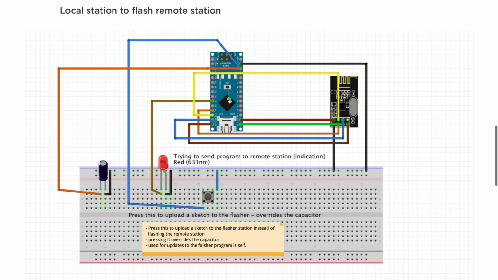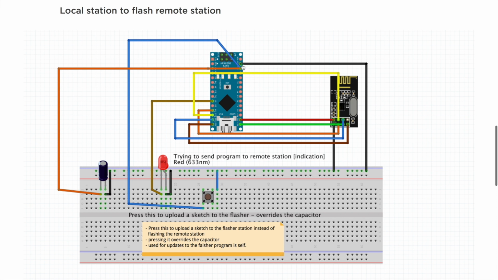But we want to avoid it. We want this station to forward everything from this guy to the remote station. Okay? So in order to prevent the reset, the USB reset that the IDE is doing to this guy, we have this capacitor. This capacitor is connected over here and here between the reset pin and the ground.